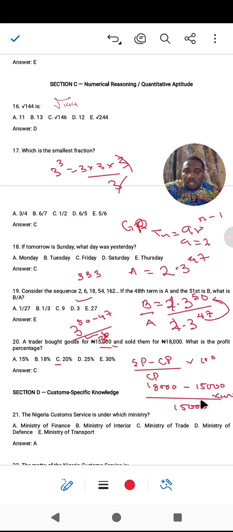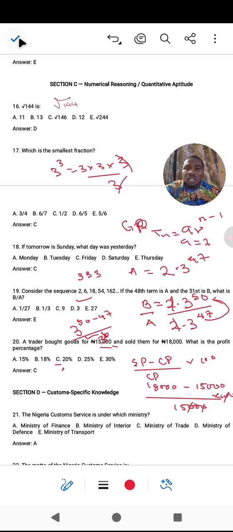This will give you 3k. This 0 will cancel this 0, this 0 will cancel this 0. So you have 3k upon 15. 3k divided by 15 is still 20. That's how you get 20%, right?